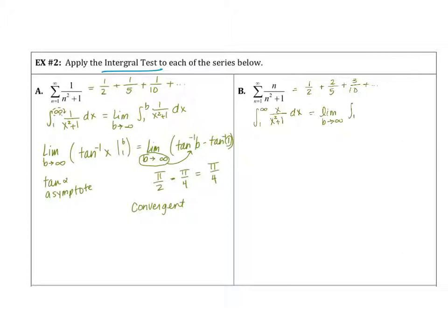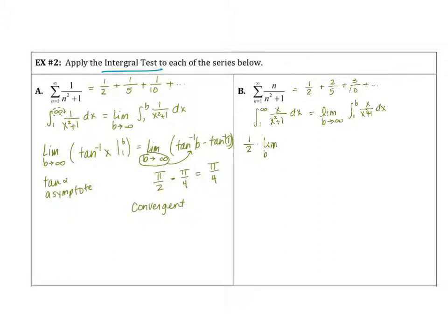And we're going to integrate from 1 to b of x over x squared plus 1 dx. Here, the derivative of the bottom is almost the top. We've got an extra 2, so I'm going to balance that by putting a 1/2 out front, all the way back out in front here.